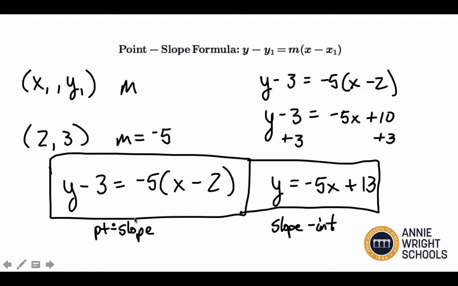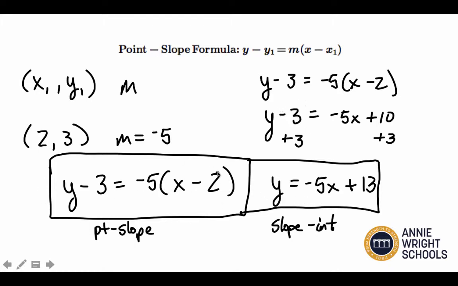If I were to graph both of these on a grid, you would only see one line. But this one is really easy to graph. This one's really easy to write. And it's really easy to go from writing an equation to slope-intercept when you use point-slope. You can just write this equation and solve.